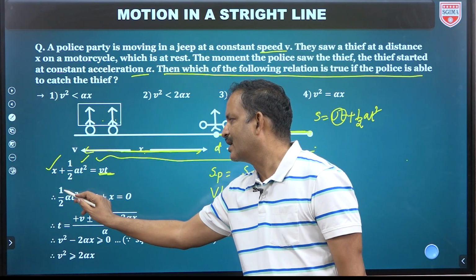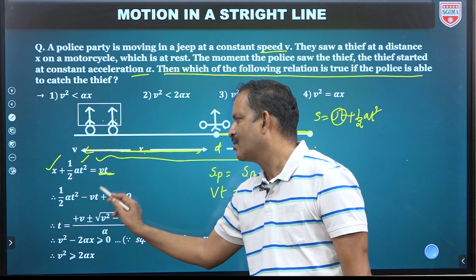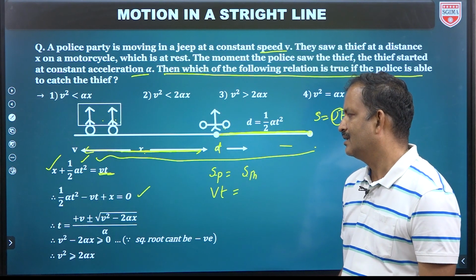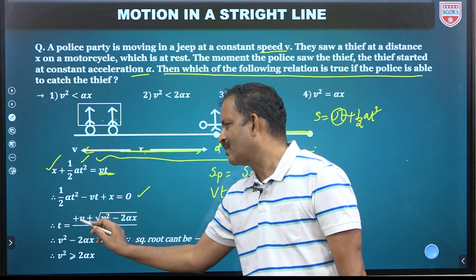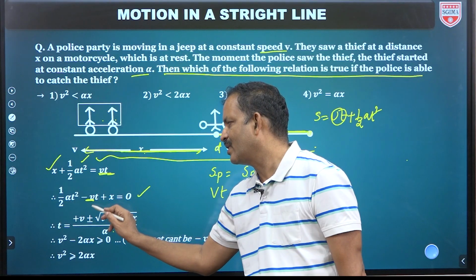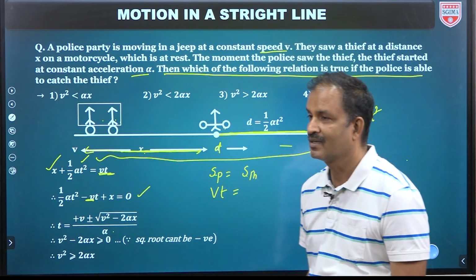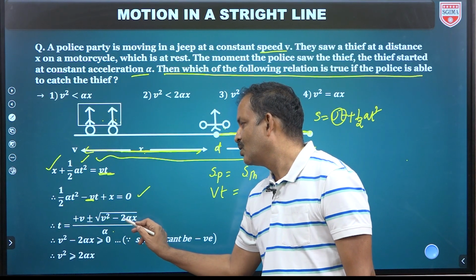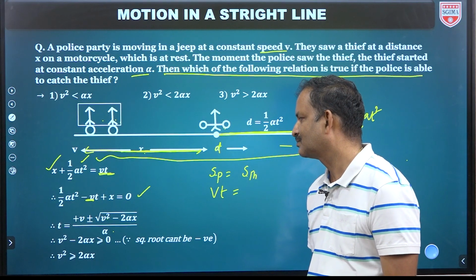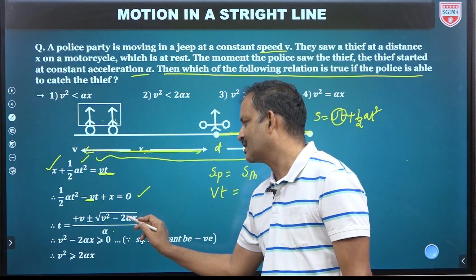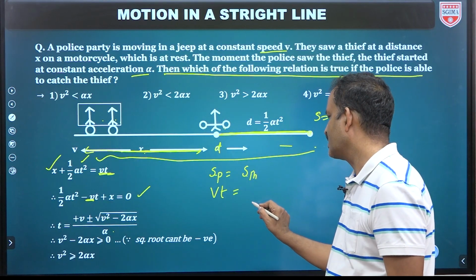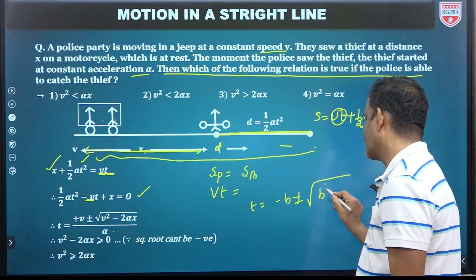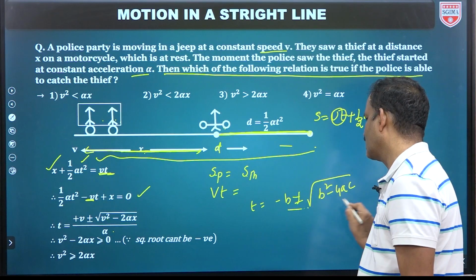We are getting one quadratic equation: half alpha t square minus Vt plus x is equal to 0. Then for this quadratic equation in t, the actual formula is minus b plus or minus root of b square minus 4ac by 2a.